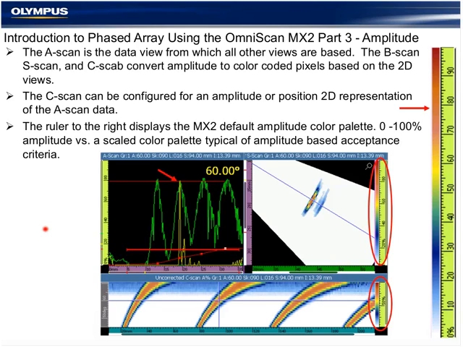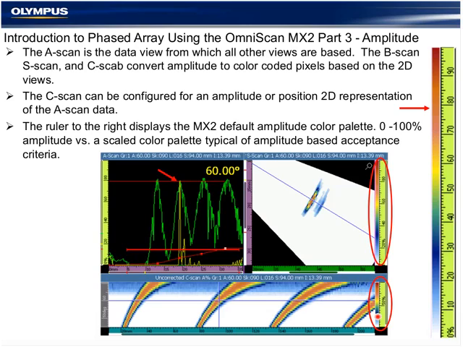So before we move to sensitivity and TCG calibration, we wanted to refresh everybody about what amplitude actually means to these displays. And what amplitude means is color. We're converting amplitude here to color here.